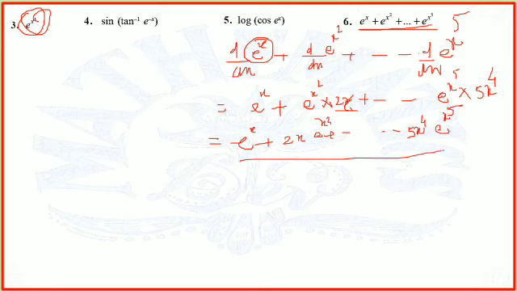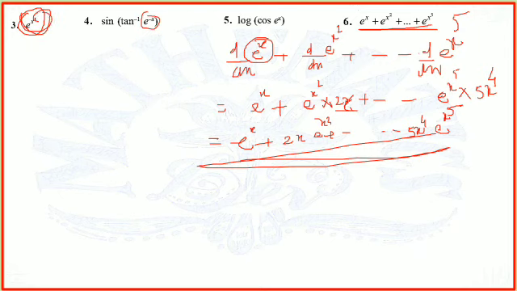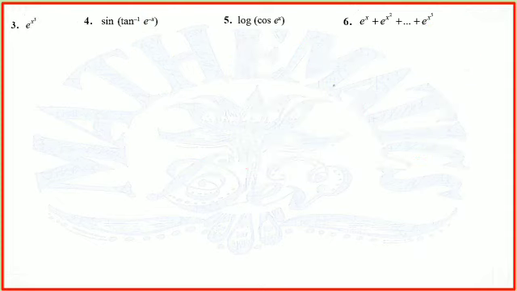So this is the solution of question number 6. I hope everything is clear to you. Everywhere you see an exponential function involved, you need to remember that the derivative of the exponential function is the function itself.